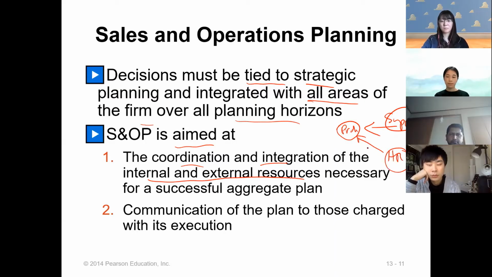Human resource needs to be available. If you don't have enough, then you need to recruit, or if you have too many, you can actually reduce them. Okay, increase, reduce. And of course you need to communicate the plan to those who are actually going to execute it, who are going to implement it.